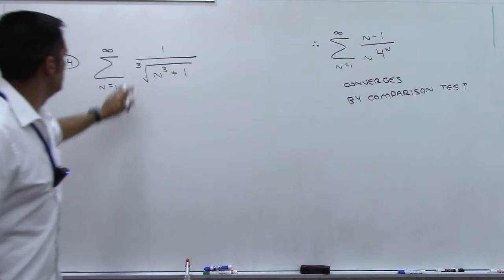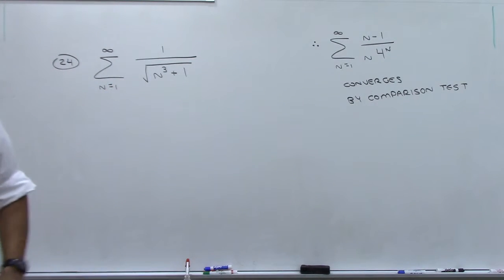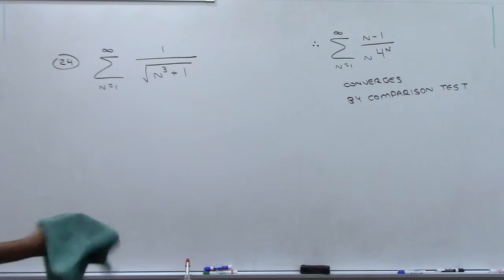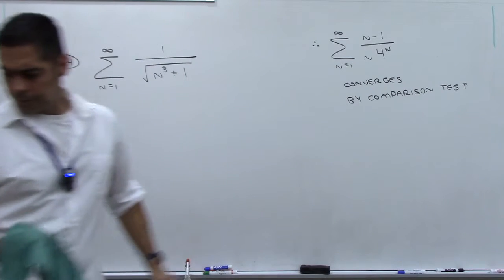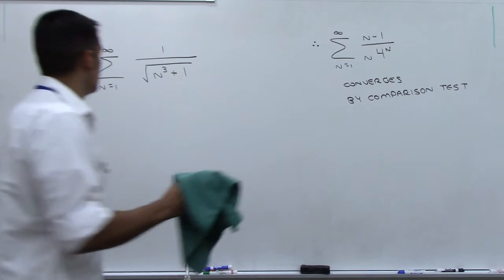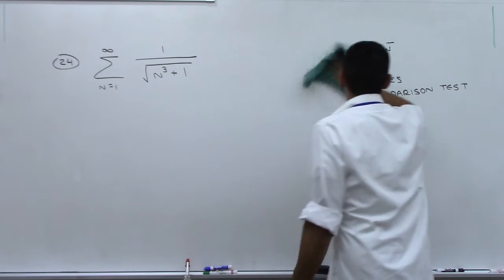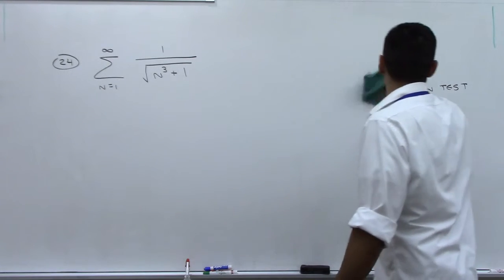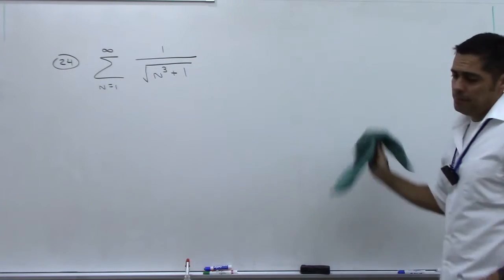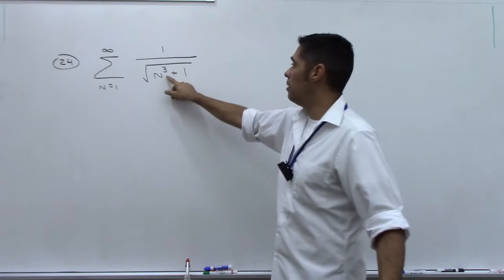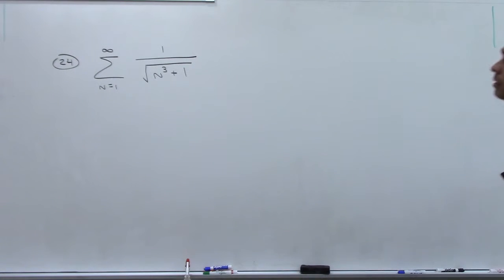Oh, square root. Square root. All right. This one looks a little troublesome. So I'm not thinking integral test again because I don't really want to integrate that. Maybe if that were n squared I would, but it's not, it's n cubed.